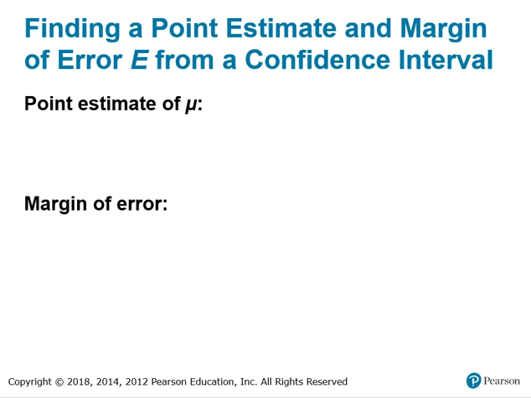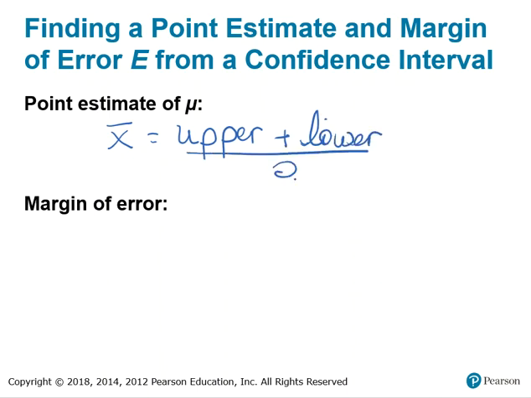Now as we move forward, we need to be able to work with that information. We have our point estimate depending on how it's given to us. If they actually give us the confidence interval, to find the mean, we're going to take the upper limit, add the lower limit, and then divide by 2.